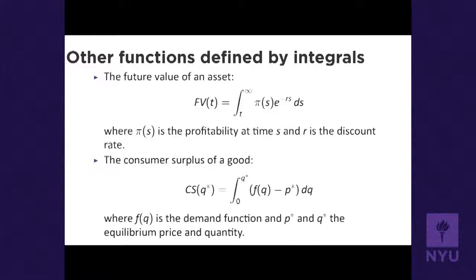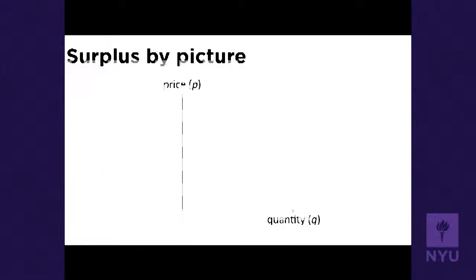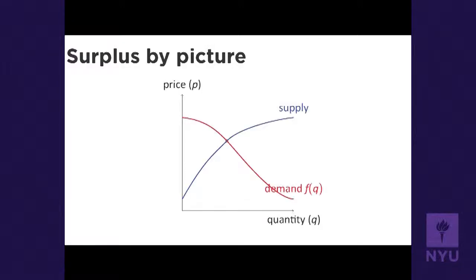So you all know about the supply and demand curves. As something gets more expensive, the market will supply more of it, but people will demand less of it. And the intersection of the supply curve and the demand curve is the equilibrium price and quantity. So if this is the supply curve and this is the demand curve, then what happens in equilibrium is that this much is going to get sold and this much is going to get charged for that.